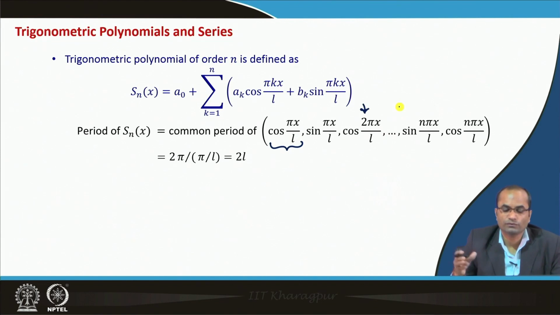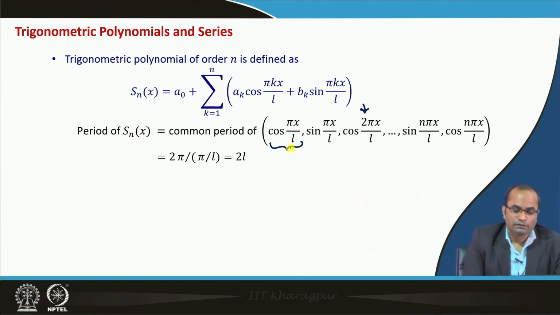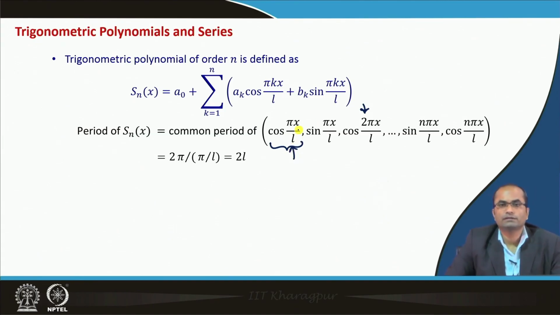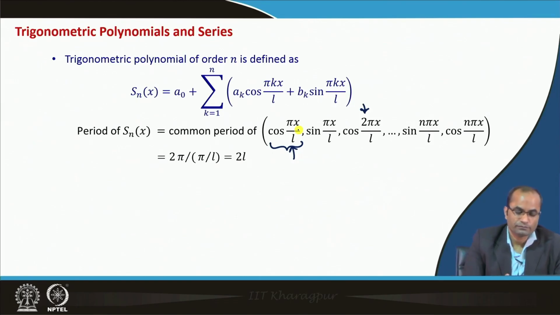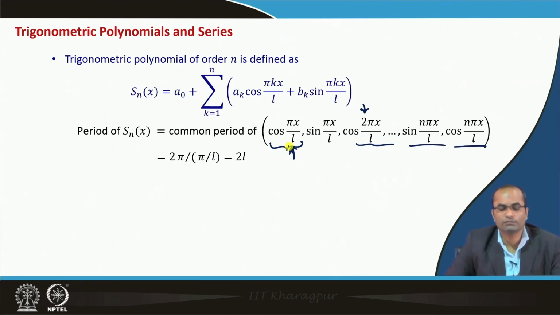The periods of those other functions will be smaller; the largest comes from the first function, and the others are just fractions of it, so we can multiply their periods by a natural number to get this period. That is going to be the common period.